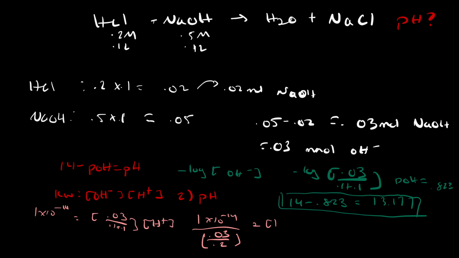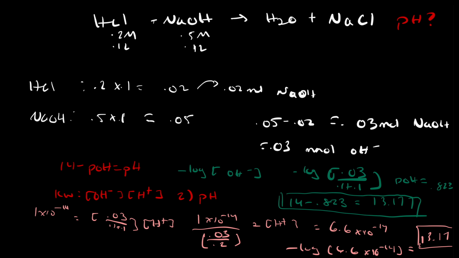That's going to be equal to H plus. That's going to equal 6.6 times 10 to the negative 14. We'll take the negative log of that value to get 13.17. So we see here that we get the same answer both ways. And again, it's completely up to you which way you find the easiest.